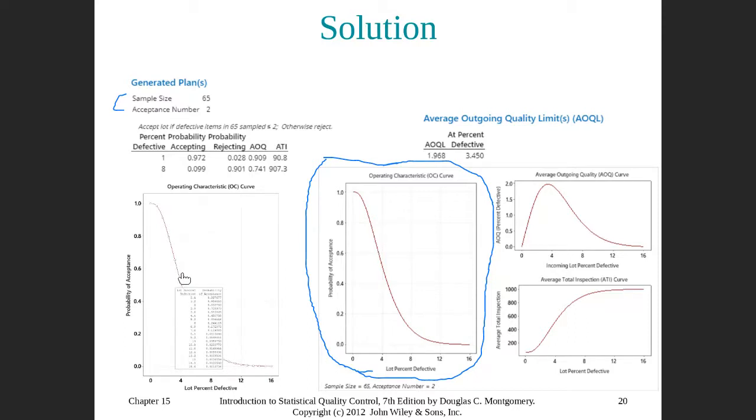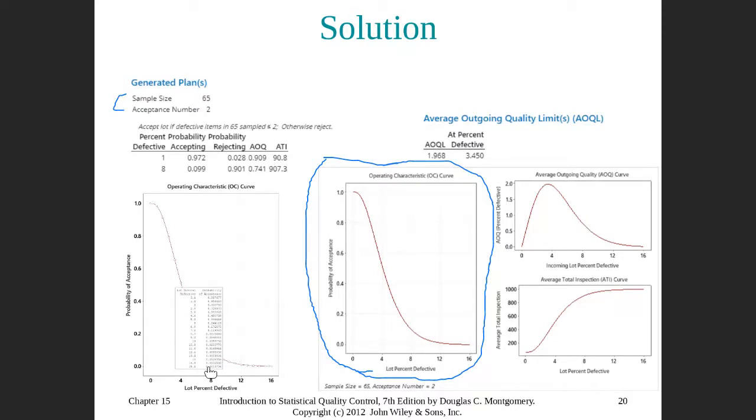You can do it in the Minitab by pressing on the lines, and it gives you all the values or all the points on the probability of acceptance curve versus the percent of defectives. Those values we will demonstrate later in the Minitab, so you have a better view and can see how the results look.